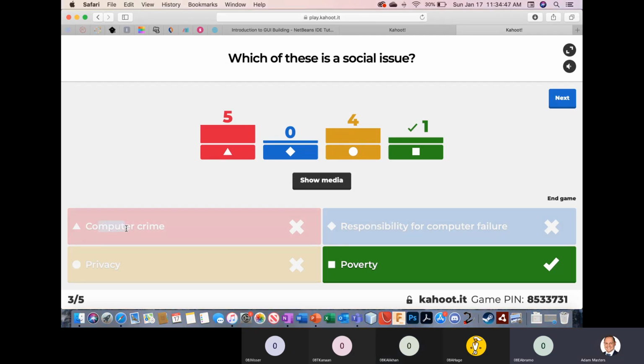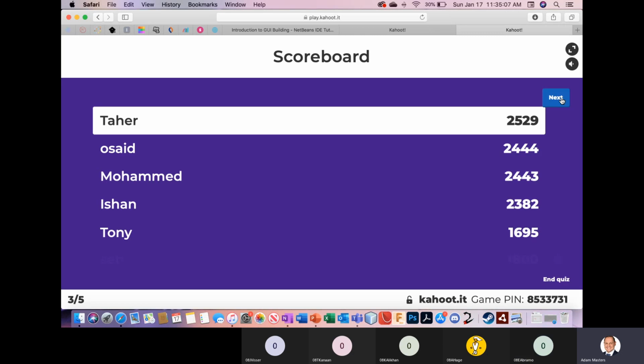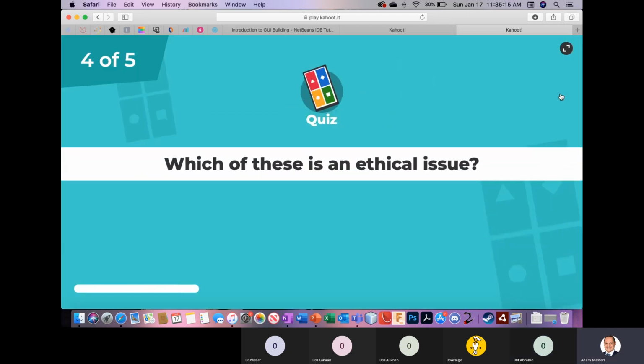So it can be ethical. You know, poverty can't be right or wrong. It just is what it is, right? Privacy issues can be right or wrong, and responsibility for computer failure can be right or wrong. Oh, cheeky. Yeah, who got it right? I'm just curious. You got it right. Joel got it right. Oh, Seth got it right. Alright, well done. You're still not in the leaderboard.